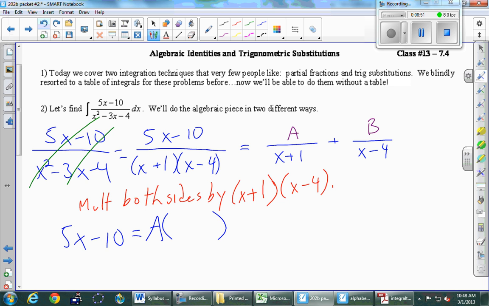When we multiply the first fraction here, the A over x plus 1, by this red LCD, the x plus 1's cancel, and you still have the x minus 4. Plus, there's another term. If you understand where the first one came from, you should be able to figure out the second one. What's that? Oh, you're way ahead of us.